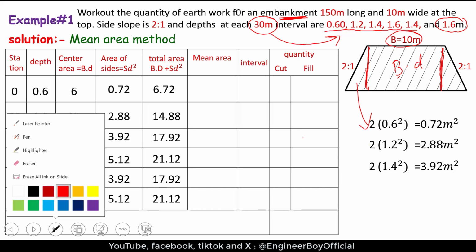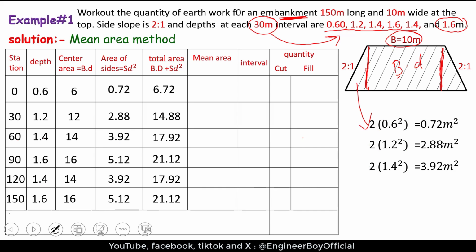Now again, let me just repeat it. By mean area, I mean just to add one area with another. You can say area of two stations and divide that by 2, okay? Very simple. Like, as you can see, the station 0 and station 30's areas can be added together, and we will divide that by 2. So we can have the mean area for station 30.